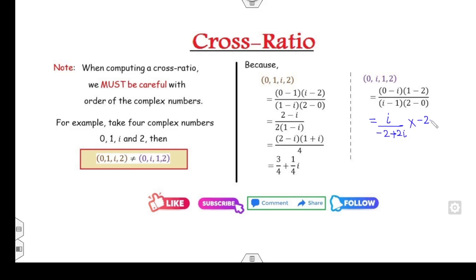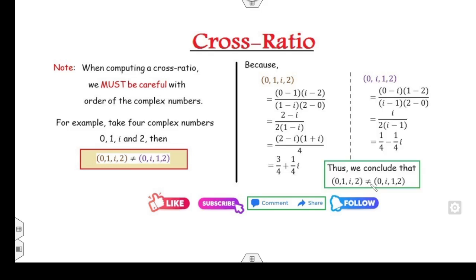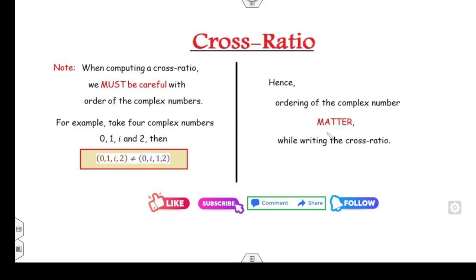I can rationalize this with minus 2 minus 2 iota, minus 2 minus 2 iota. The denominator becomes 4 plus 4 is 8. The numerator becomes minus 2 iota plus 2. Fine. So if you separate them, it's 1 over 4 minus iota over 4, and clearly both are not equal to each other. Therefore, the ordering must be handled very carefully.